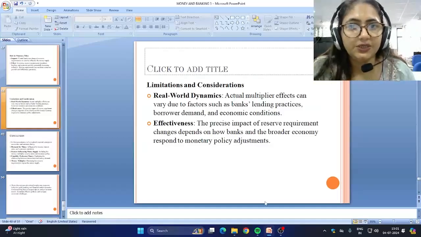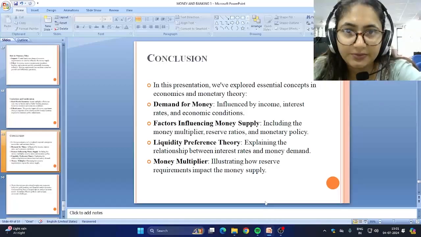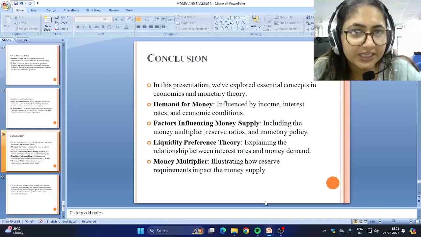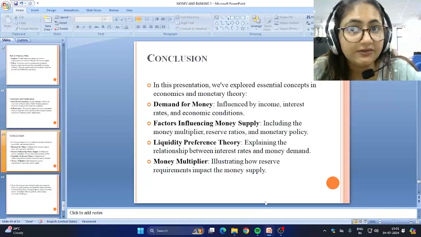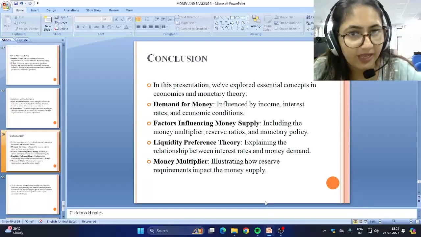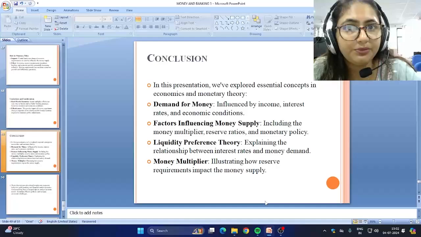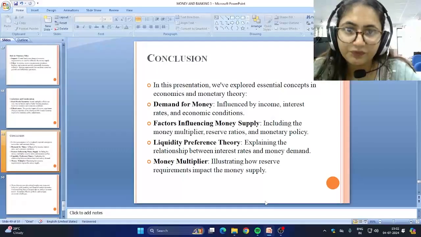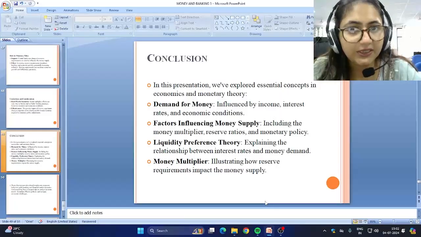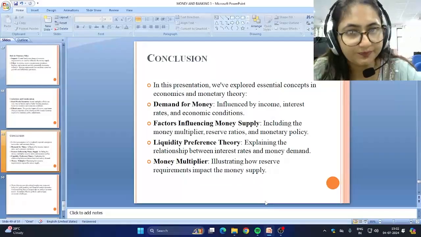So, to conclude, understanding the money multiplier concept is essential for grasping how changes in reserve requirements influence the broader money supply and economic activity. It underscores the pivotal role of central banks in managing monetary policy and shaping economic outcomes through adjustments in the reserve ratio.